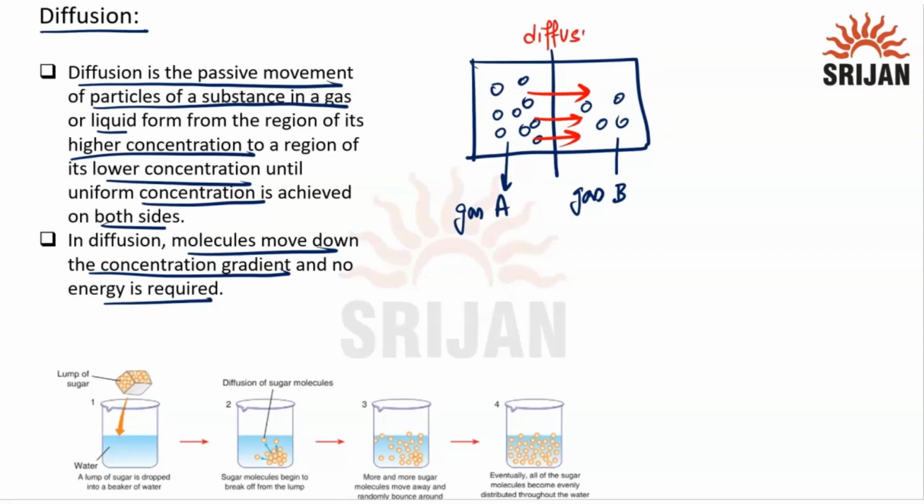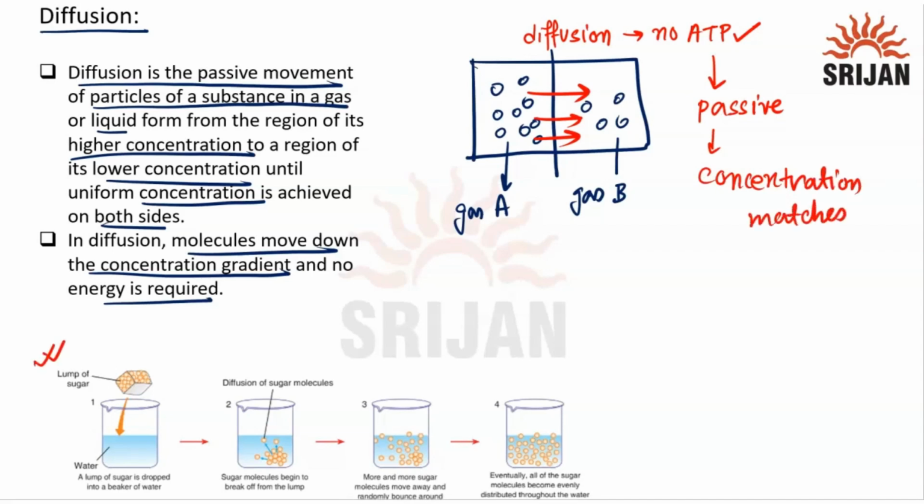As the molecules are passing with the concentration gradient, no ATP is needed. As no ATP is needed here, this process is called a passive process. This will be happening until the concentration matches on both sides and the thing gets stopped.